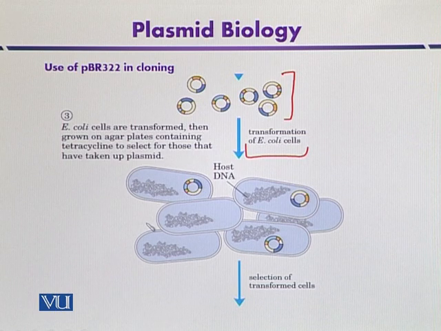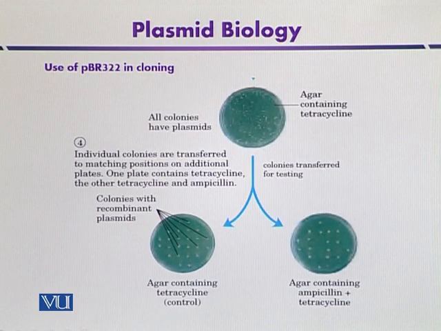So plasmids either with foreign DNA or without the target DNA are inserted. After transformation into E. coli cells, all the cells will be grown on a medium supplemented with tetracycline as a selectable marker.